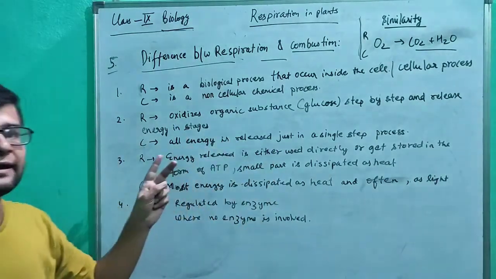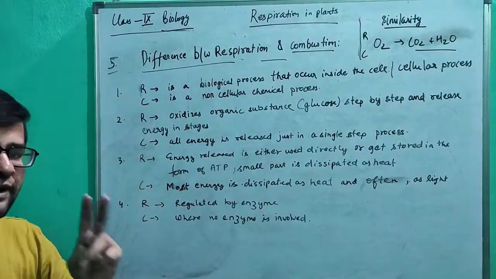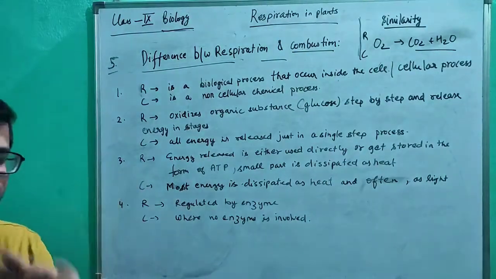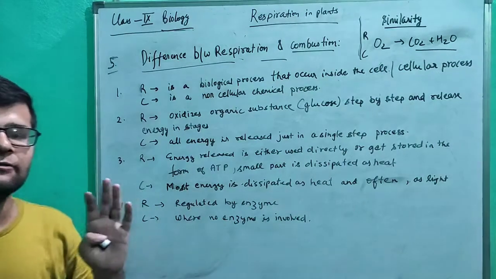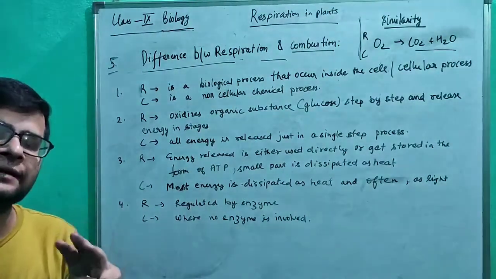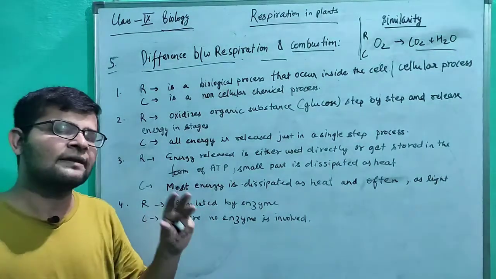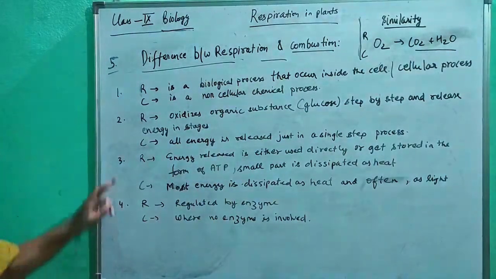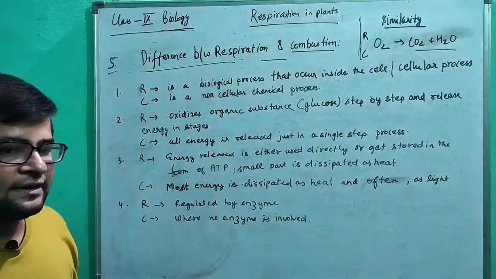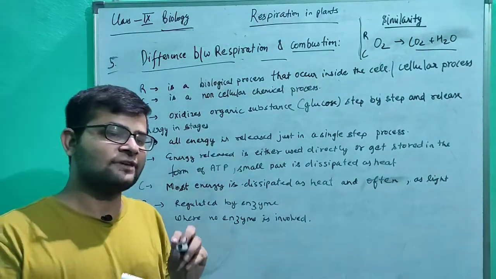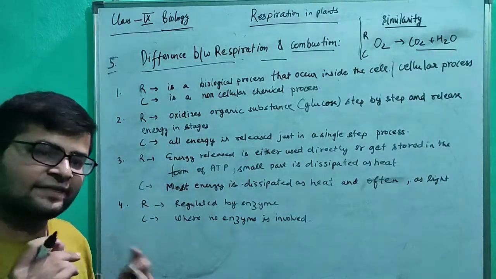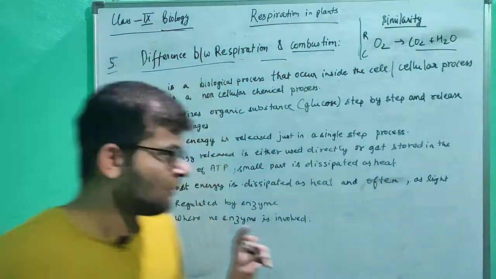You have learned that in glycolysis only 2 ATP energy molecules are released, and in the subsequent steps of the Krebs cycle, we have released a different amount of ATP at different stages. In combustion, you burn a matchstick and all the energy is released in that single step itself.